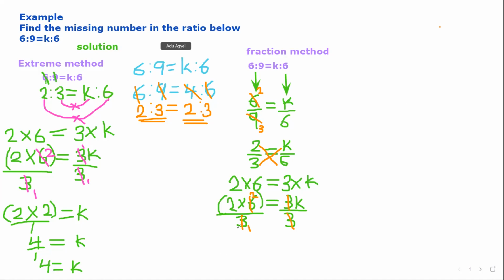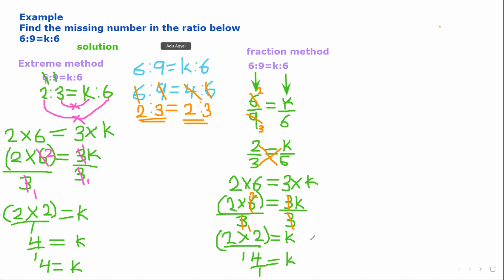Then the remaining numbers in the bracket here is 2 times 2 all over 1 is equal to, now this time k is free. Okay, good. And 2 times 2 is 4 over 1 equal to k.